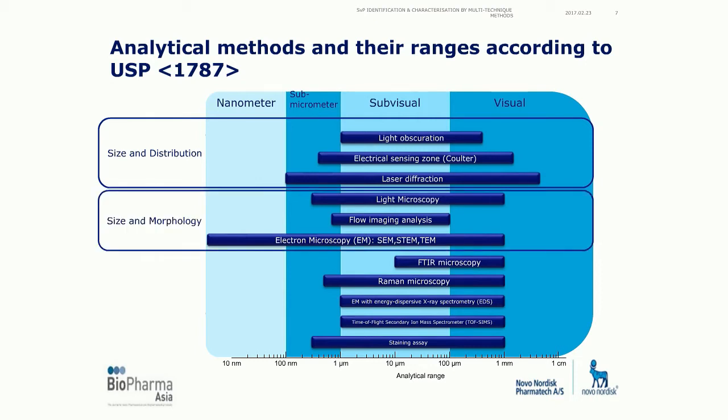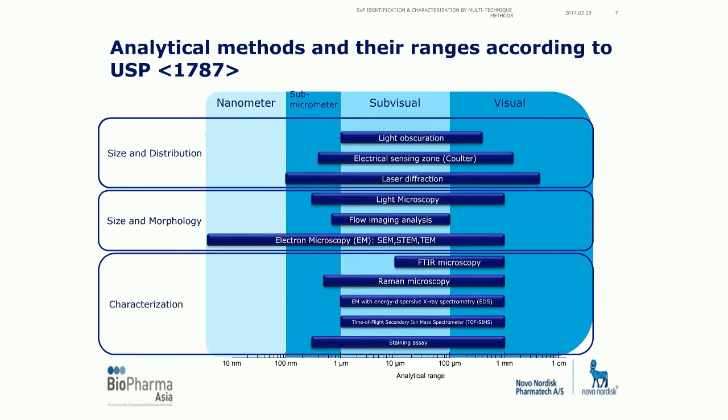The second class deals with size and morphology. Here we will go one step further in not only sizing the particle, but actually getting a picture of what it looks like. And finally, we can go to the even more advanced characterization methods where we will get, for instance, a spectral fingerprint of the particle, enabling us directly to identify the material that the particle is made out of.